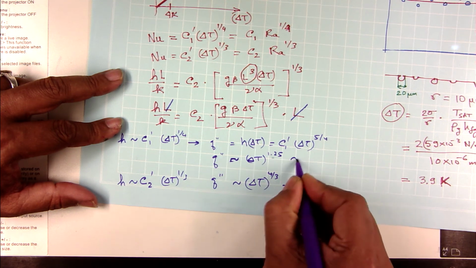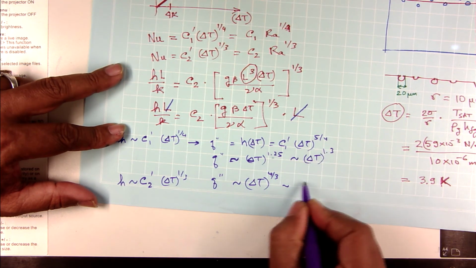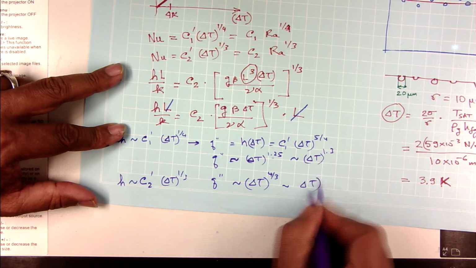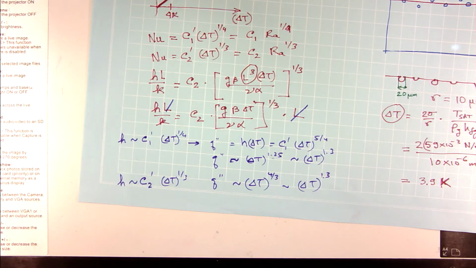So, if I round it off to the first decimal place, this is delta T to the power of 1.3, and this is also delta T to the power of 1.3. So, whether you are in laminar flow regime or turbulent flow regime, your q double prime is always proportional to delta T to the power of 1.3.